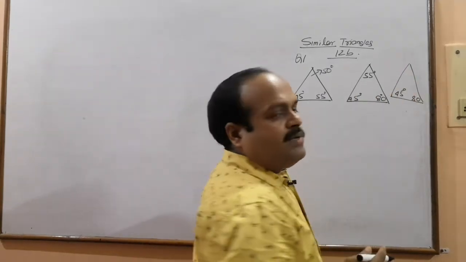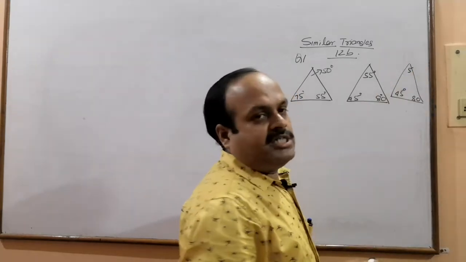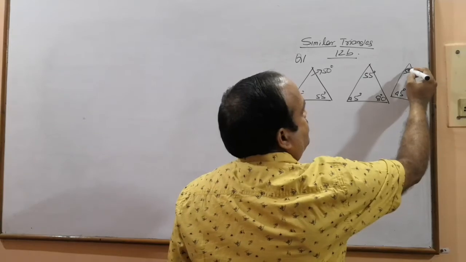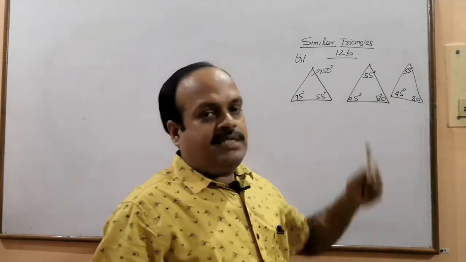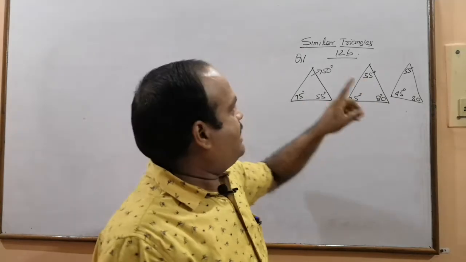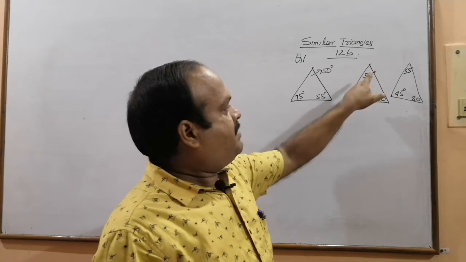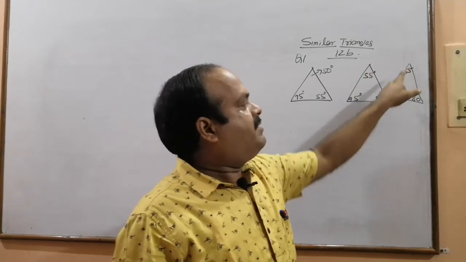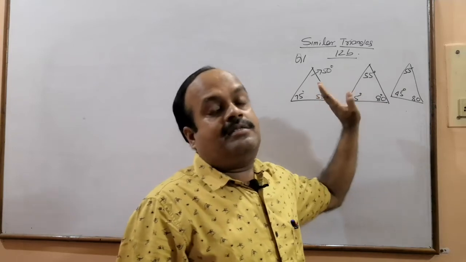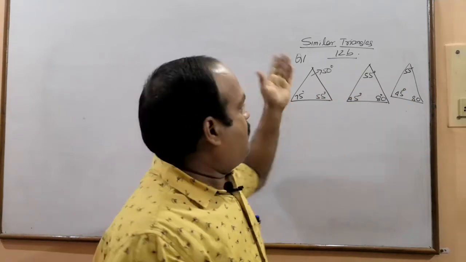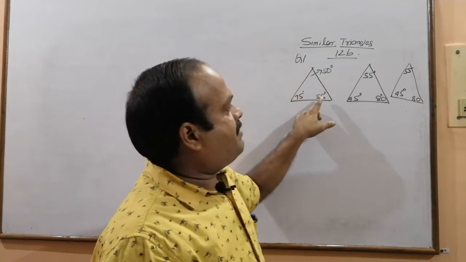80 plus 45 is 125, 125 plus 5 is 130, so the third angle is 55. So here in these three triangles, their angles are 50, 75, 55; 55, 45, 80; 55, 45, 80. So these two triangles have their three angles equal, while here we have 75, 55.